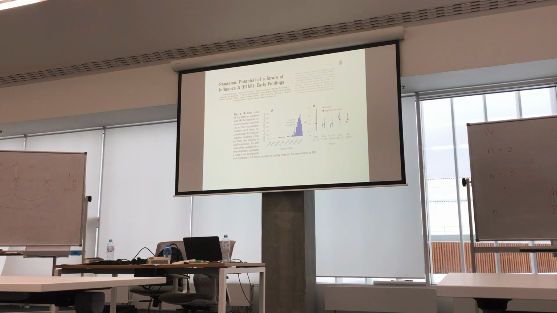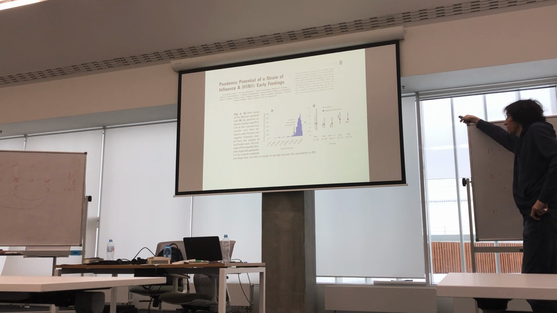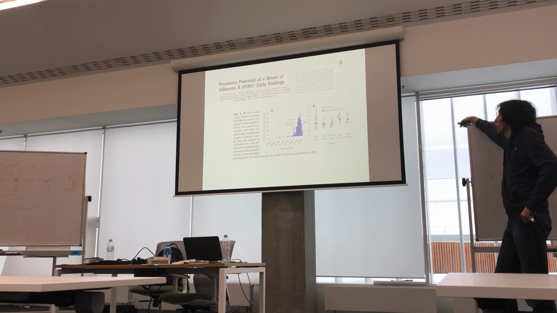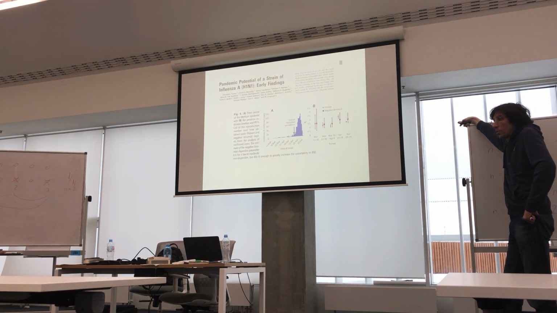The first viral strains of this new infection were detected in March of 2009. And this is a paper in Nature that was published, I believe, in July 2009, so 3 months after the first strains were detected.